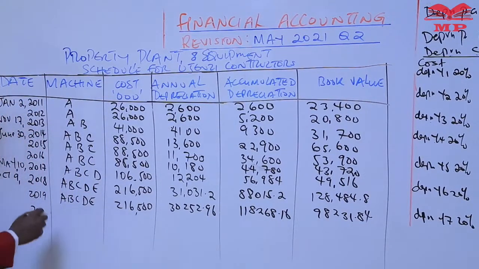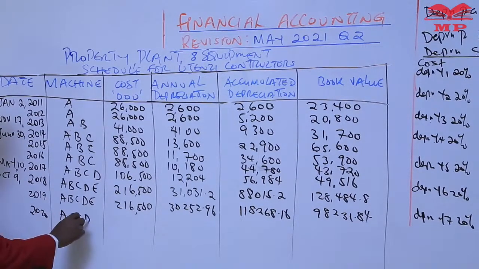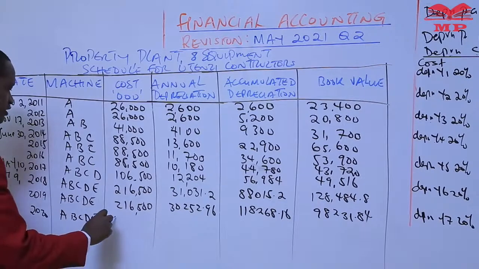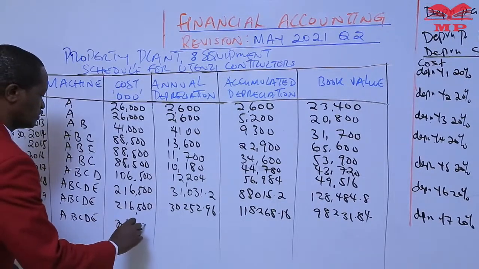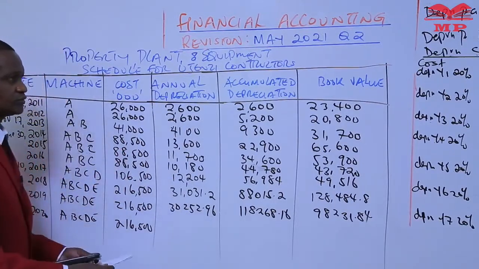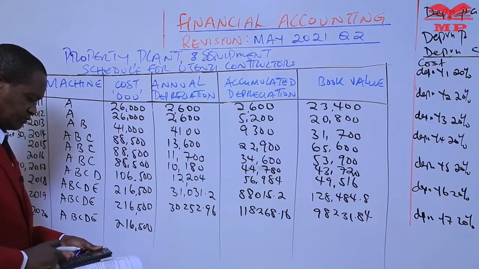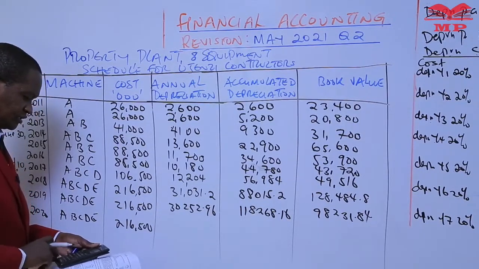There is no other purchase of machine. There are only A, B, C, D, E. The cost still remains 216,500. The annual depreciation will change. Machine A 2,300. Machine B 1,500.